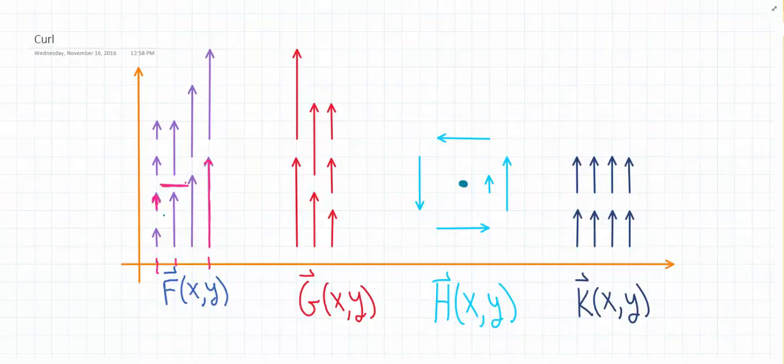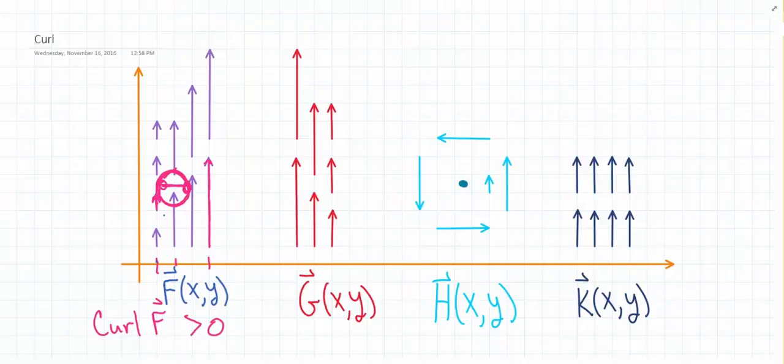So this side of the leaf gets pushed more strongly than this side, and there starts to be a rotation in the counterclockwise direction. When that happens, we say the curl of the vector field is greater than 0. In other words, we have a positive curl.